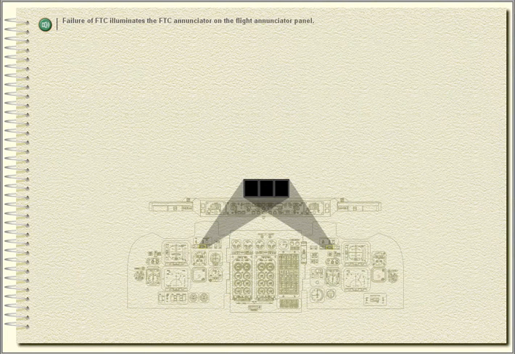FTC is inhibited on the ground when auto trim is engaged or if electric trim is in use. Failure of FTC illuminates the FTC annunciator on the flight annunciator panel.